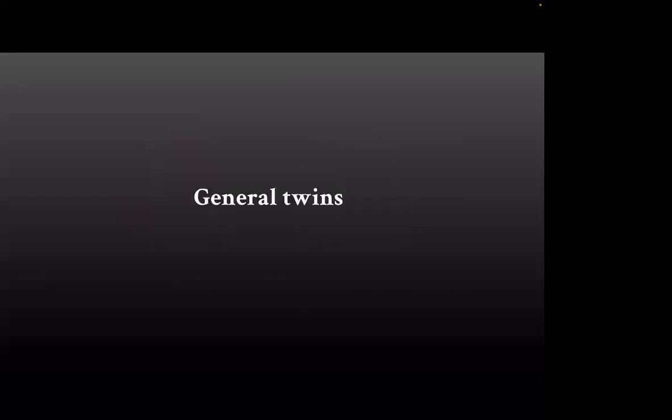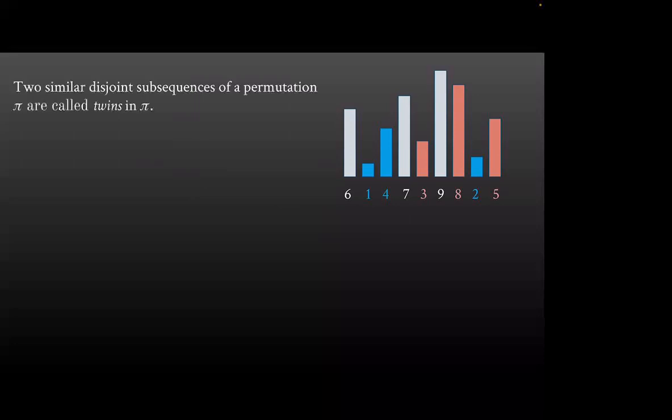And well, I start with the most general notion of twins in permutations. So these are just two subsequences that are disjoint and similar in a given permutation. Okay, so a pair of twins is a pair of two disjoint subsequences that are similar in the previous sense.